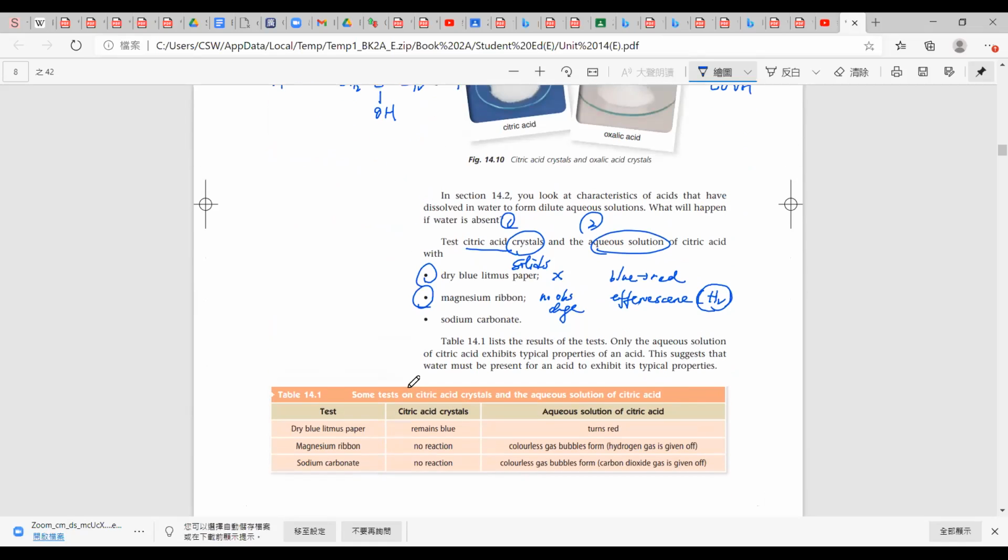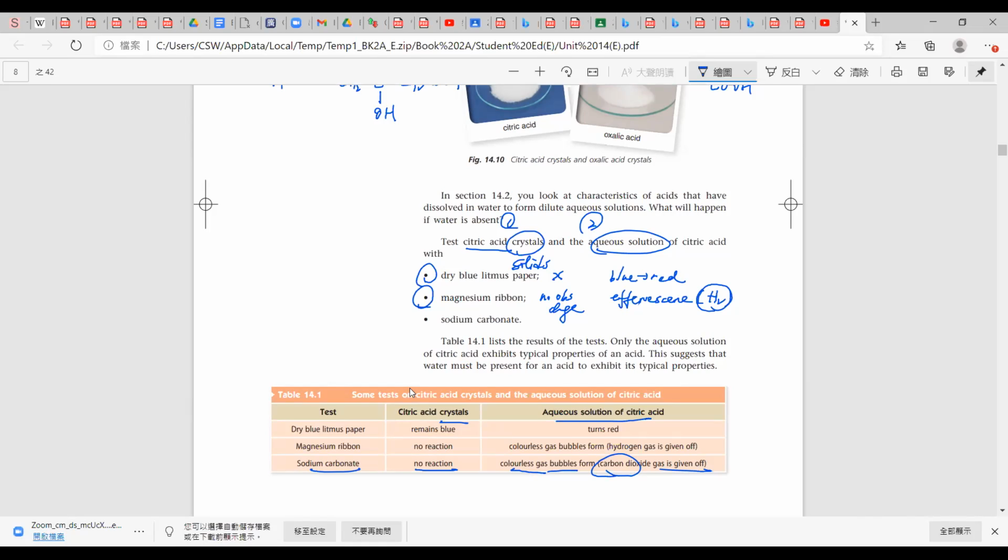It would also have no reaction with solid citric acid, but for aqueous citric acid solution, colourless gas bubbles form; carbon dioxide gas is formed. So what is the conclusion? With water and without water, they behave differently.